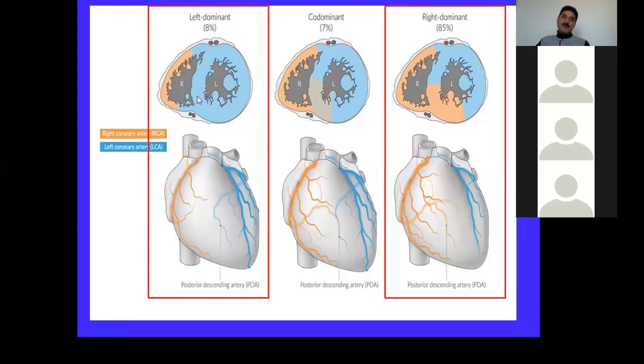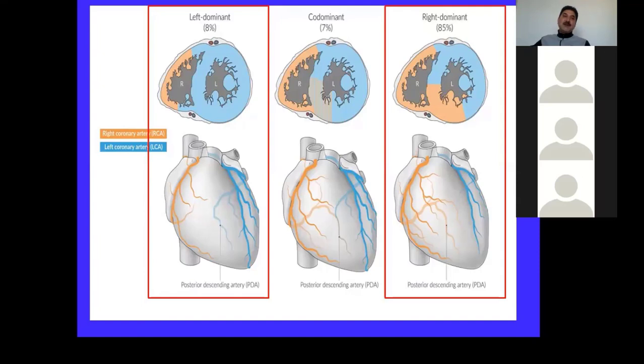Whole of the septum is supplied by the left coronary artery, because here now in both interventricular sulci, anterior and posterior, you have branches from left coronary artery. In the anterior interventricular sulcus, this is branch from left anterior descending coronary artery. In the posterior interventricular sulcus, branches from circumflex branch of the left coronary artery.